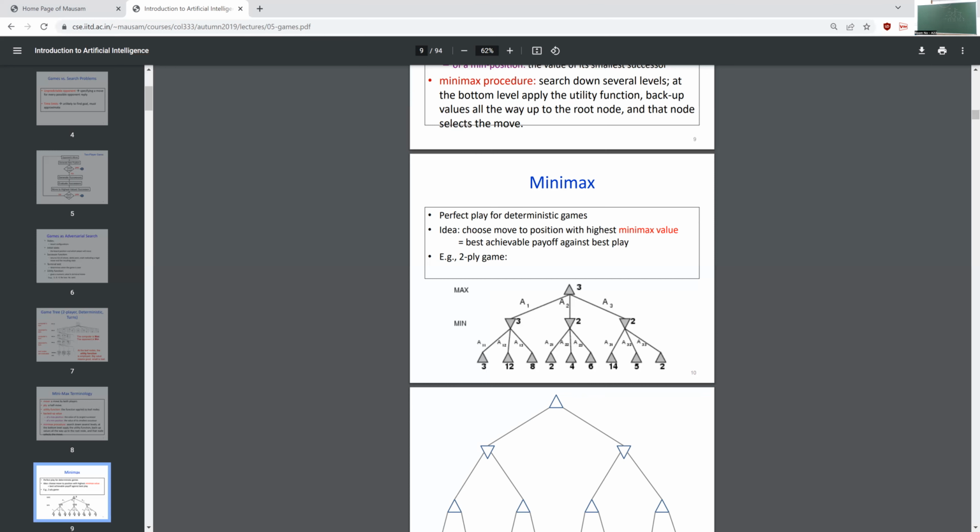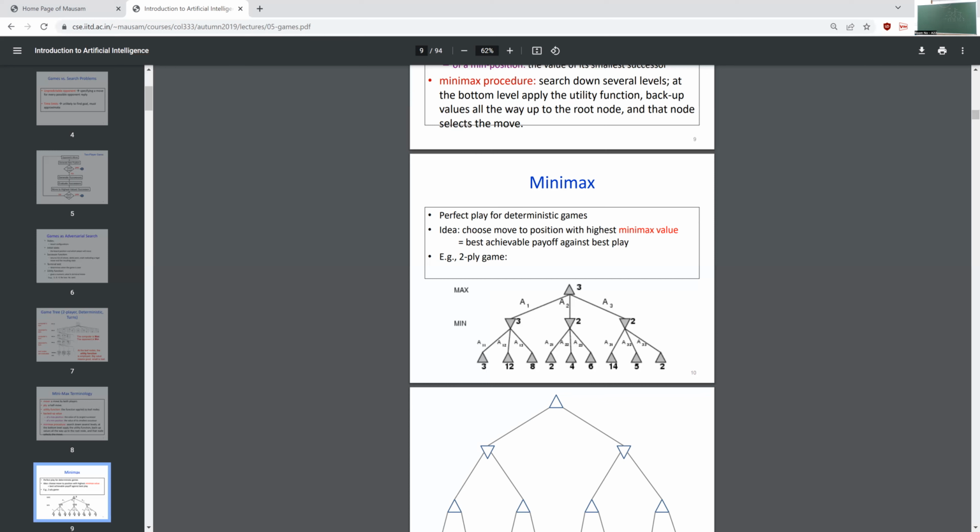The nodes which are marked with a triangle are max nodes, meaning at those nodes the AI agent is going to make a play. It's going to select a move. Whereas the nodes represented by inverted triangles in layer number 1 are where your opponent, the min player, is going to take a move.